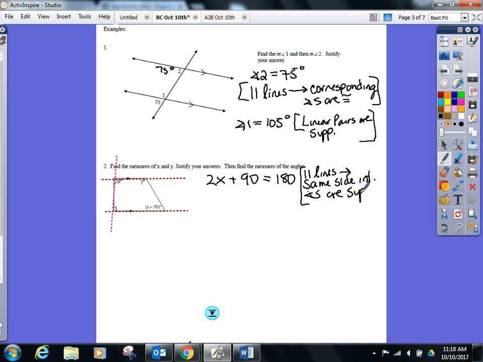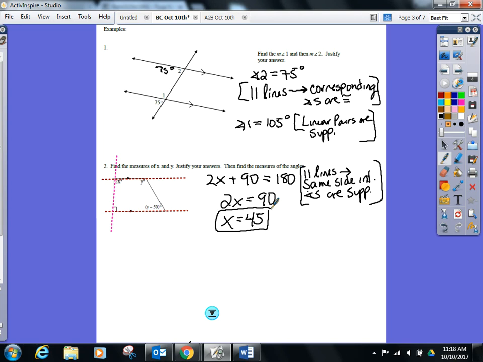Supplementary. There's your justification. Now solve for x. Go ahead and solve for x. There's x.